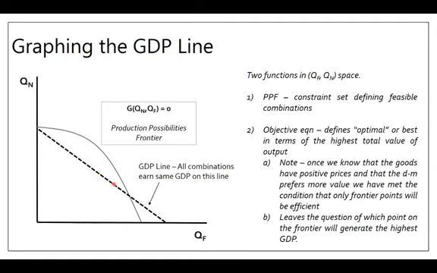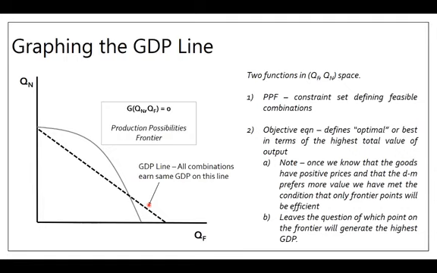Remember, we have to fix GDP to draw this line. Okay? And so then, if we think of it that way, we have a production possibilities frontier. It tells us all the feasible combinations. We have an objective equation that wants to tell us the best combination among those. But right now, it's just telling us all the combinations that earn an equal GDP.